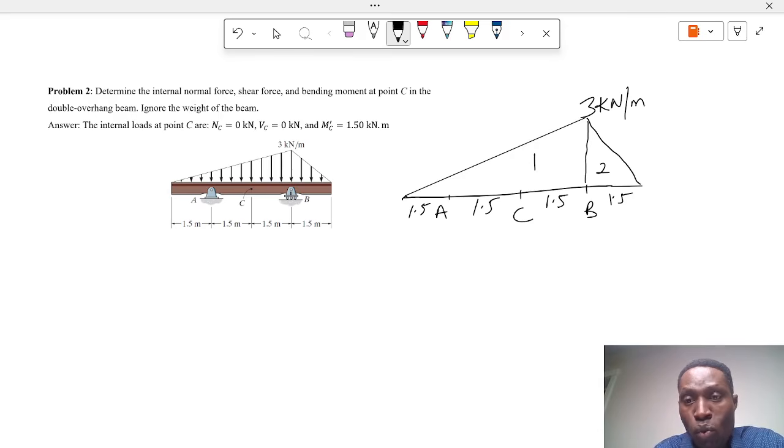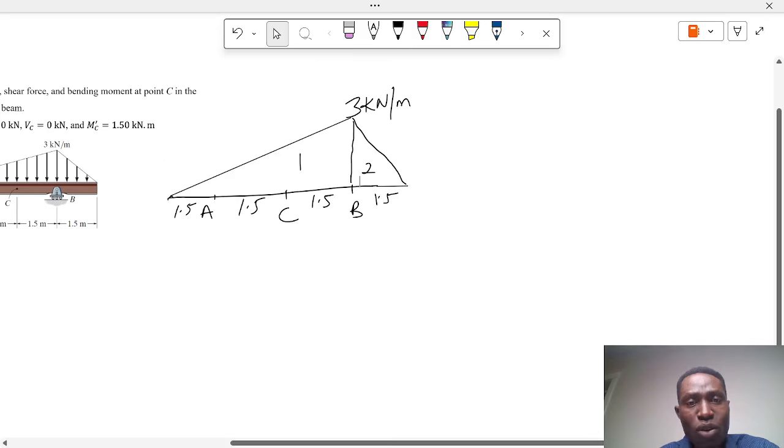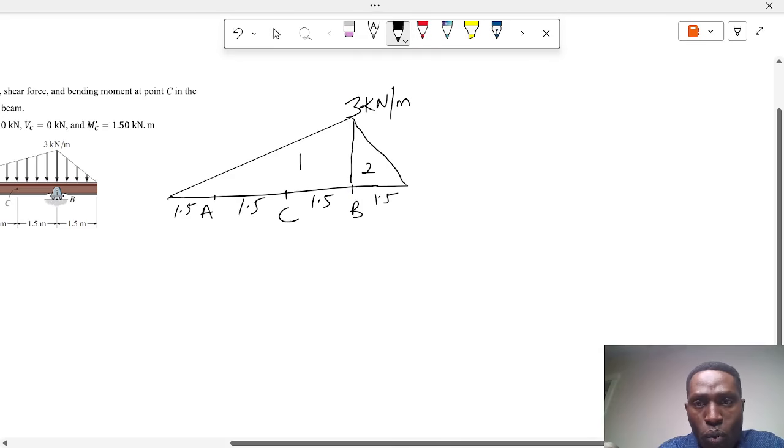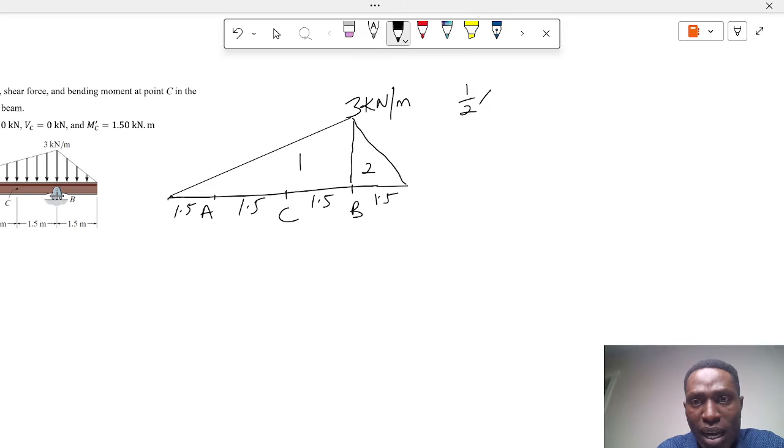So in triangle 1, we have to look for the concentrated load for this distributed load. In order to solve that, we use the area of a triangle. So for triangle 1, we have 1/2 times 3, which is the maximum load, times the distance, which is 4.5.